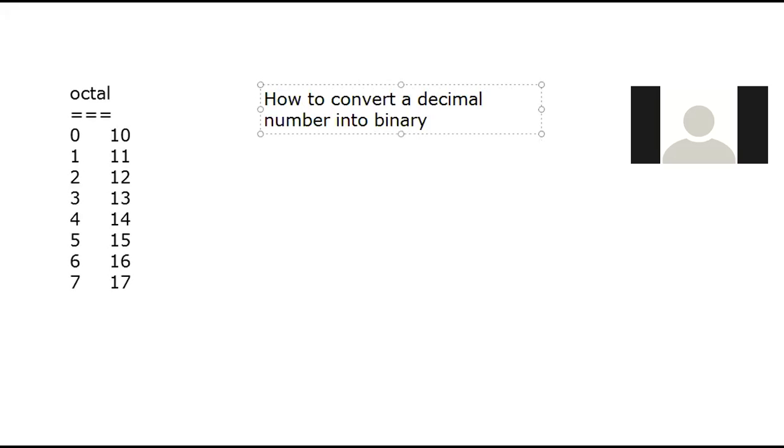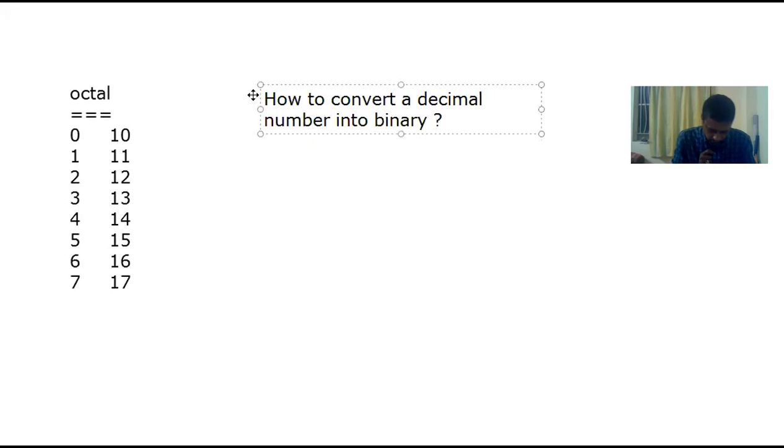This is a very simple question, and this is exactly what is shown in your book also. You have to understand the meaning of binary: binary means 2. So I want to convert base 10 into base 2. What should I do?